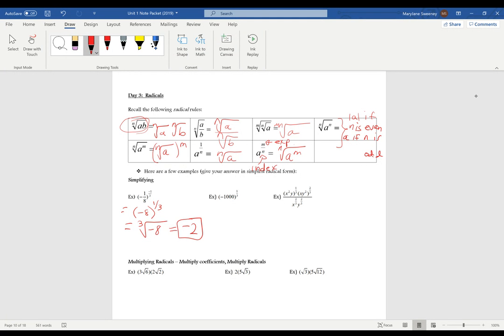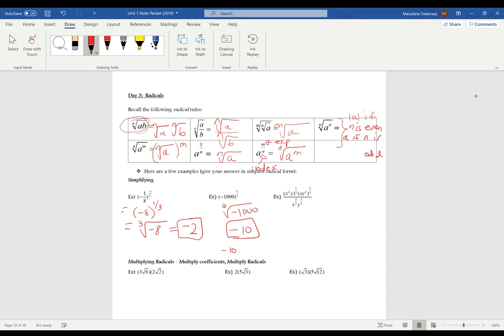Okay, and then the next one, this would be the cubic root of negative 1,000, which would be negative 10, right? So when you're doing a cubic root, you want to think of what thing that you multiply 3 times would give you what you're taking the cubic root of.